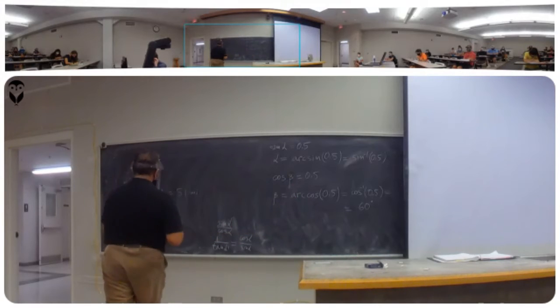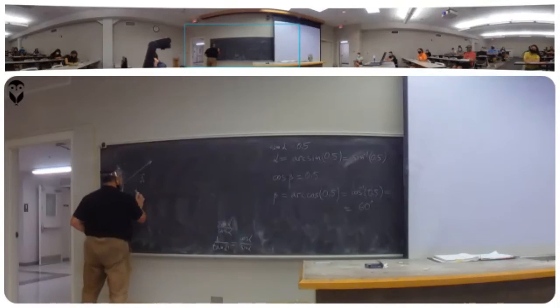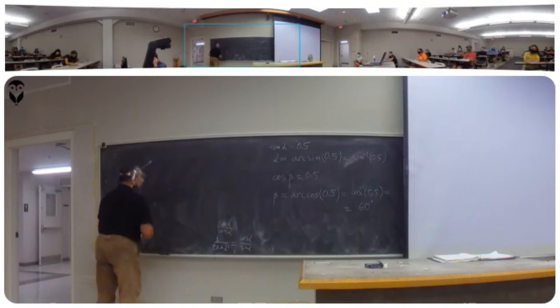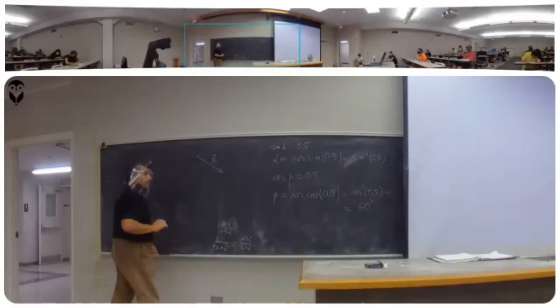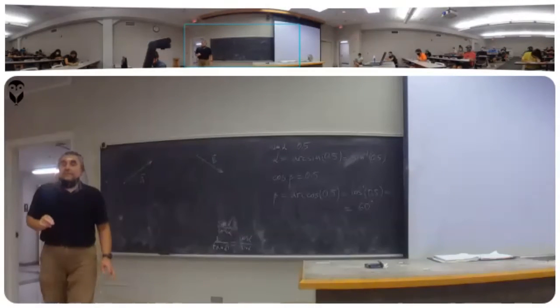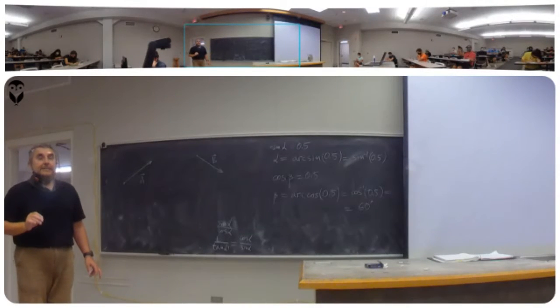Let's say that you have a vector A, and let's say that you have another vector, vector B, like this one. How do you define the sum of those two vectors?